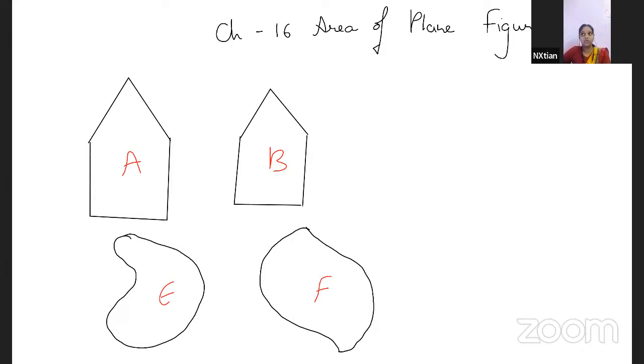And to know the exact area, we need to calculate the area. So in this chapter, we learn to calculate the area of a plane region. Can you give me some examples of plane figures?